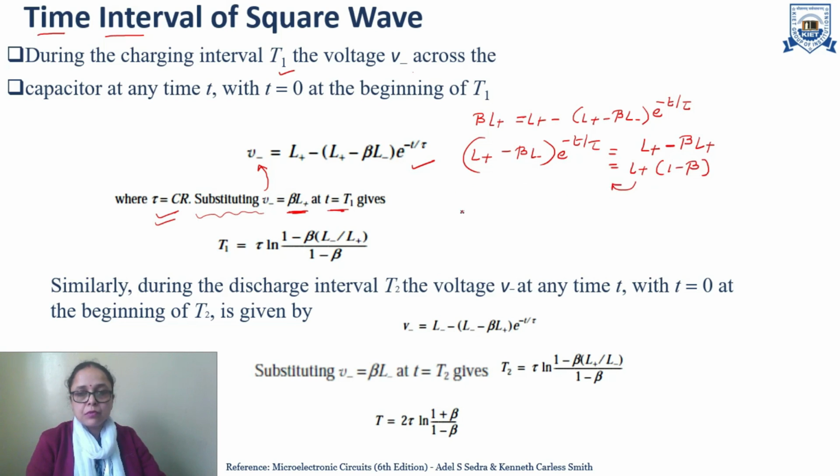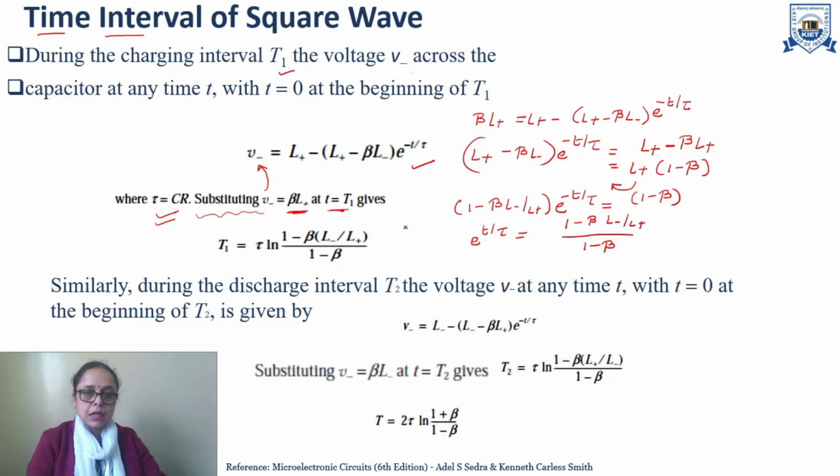if we shift L plus to the left hand side, it will be 1 minus beta L minus by L plus, e to the power minus t by tau, is equal to 1 minus beta, or e to the power t by tau can be written as 1 minus beta L minus divided by L plus, upon 1 minus beta.